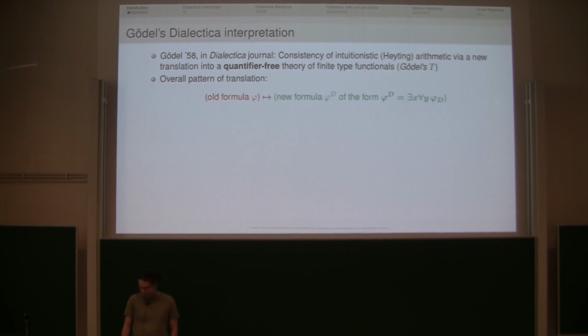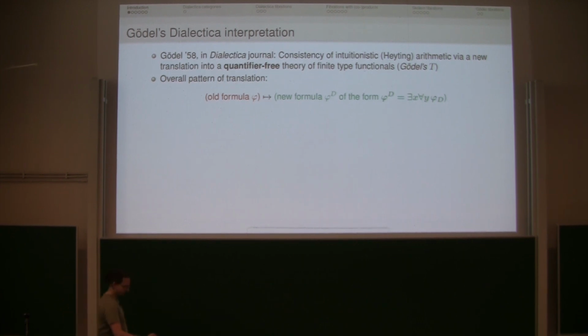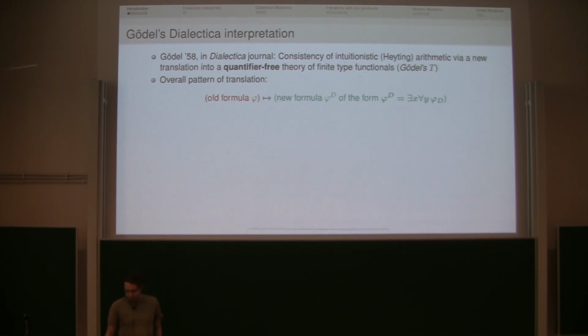The overall pattern of this translation is that we have a formula in Heyting arithmetic, and we construct a new formula, phi upper D, of the form: there exists x such that for all y, phi lower D is true, and these formulas are defined in some inductive way. One key feature in this translation is that all the target formulas will be of the form there exists, and then for all, and then some formula.